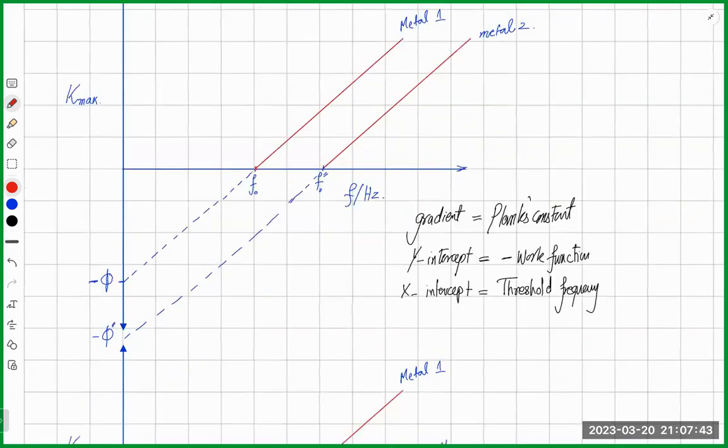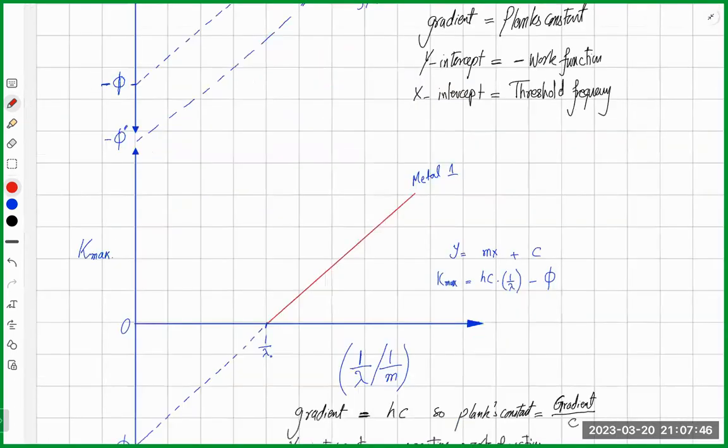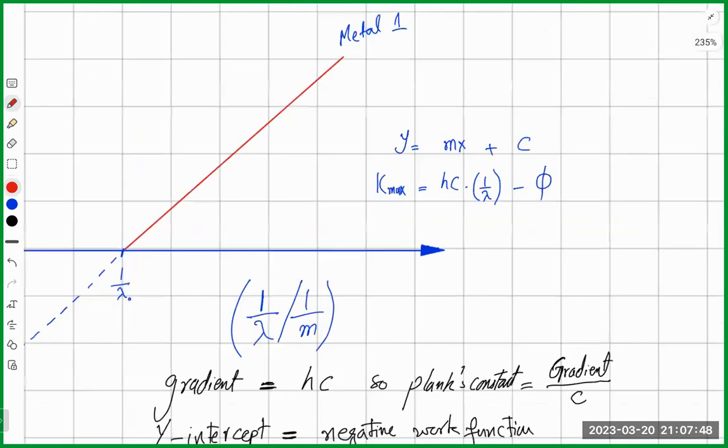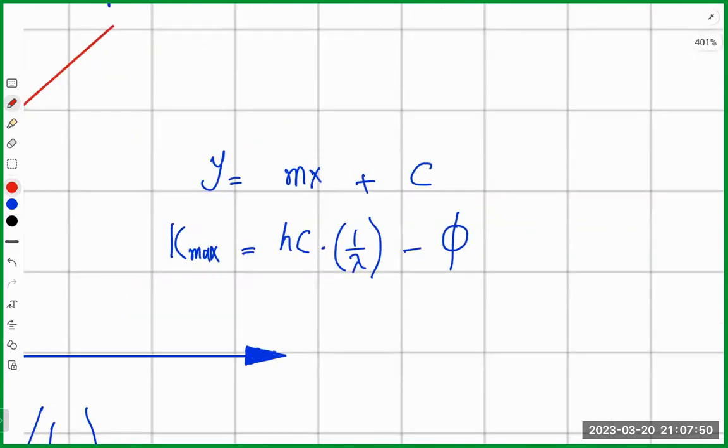Now, what if we compare y equals mx plus c with K max equals hc into 1 over lambda minus phi? This time, the x-axis will be 1 over lambda.